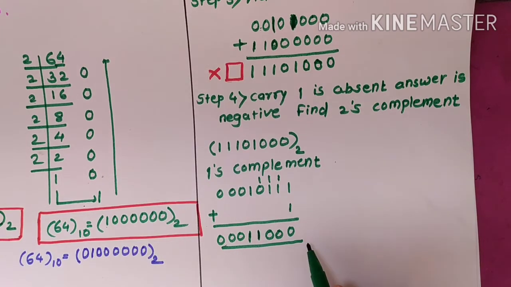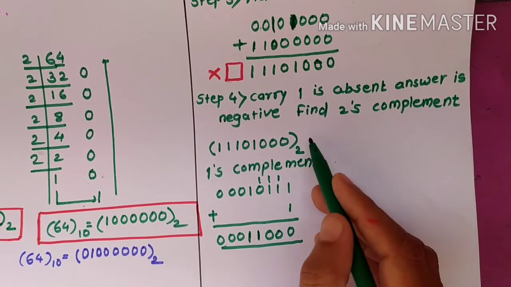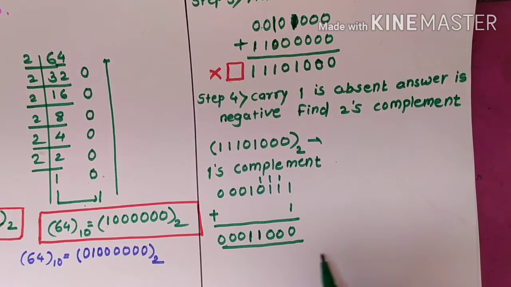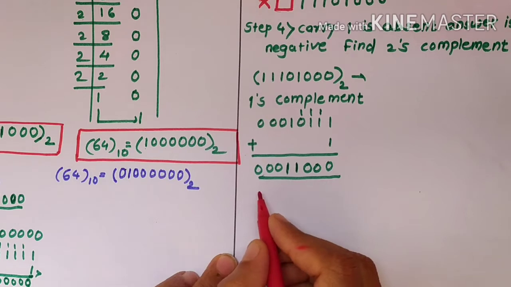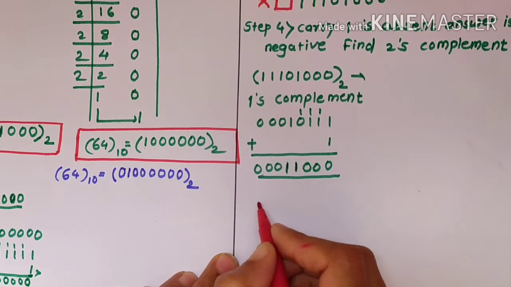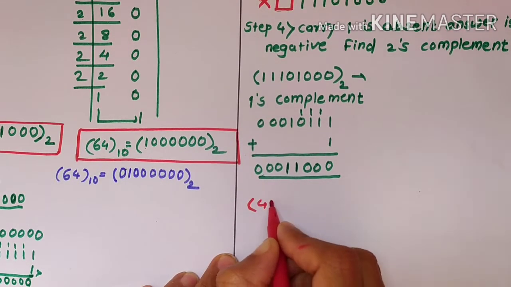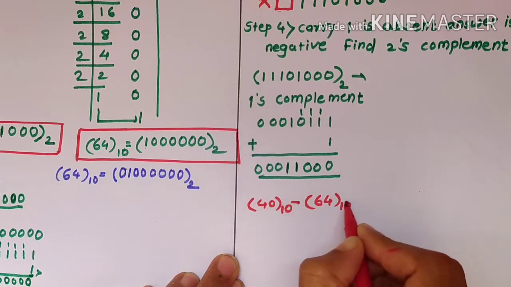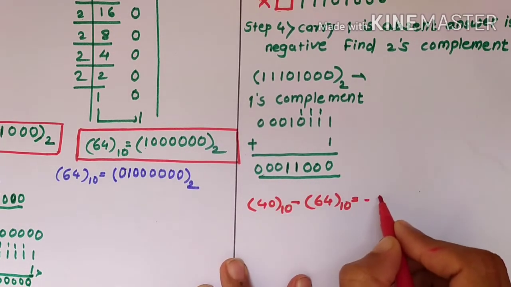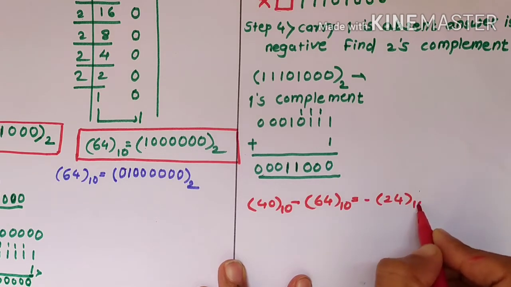So this is the 2's complement of this answer. So this is the negative, and finally we can write the final answer: 40 decimal minus 64 decimal equal to minus 24 decimal.